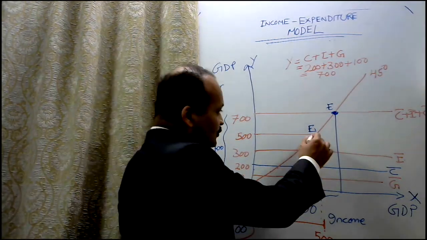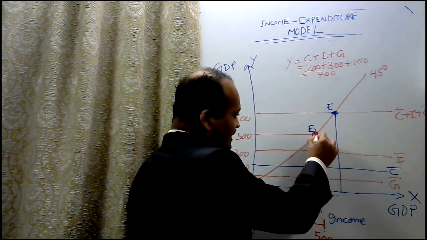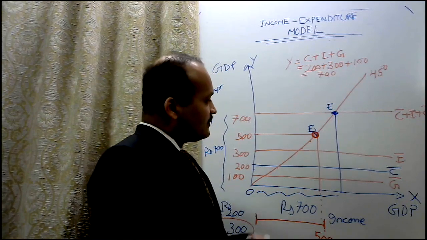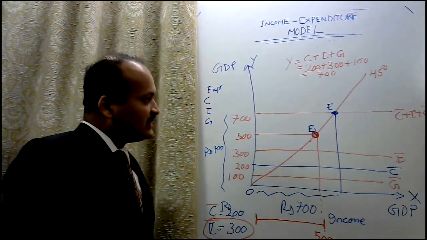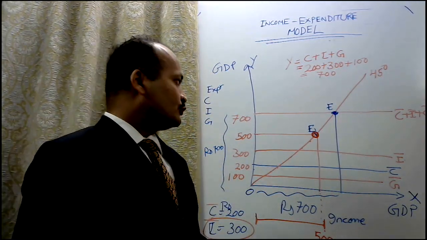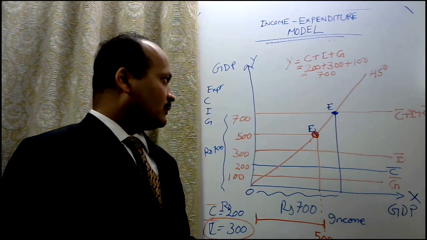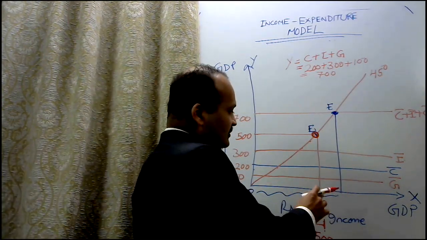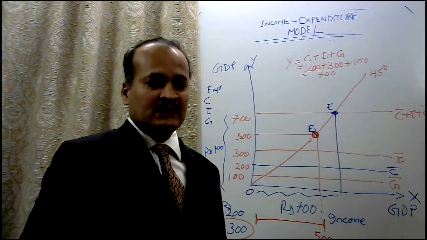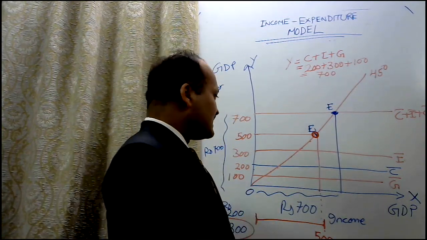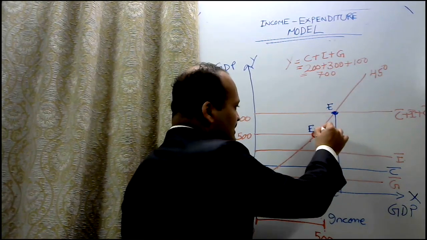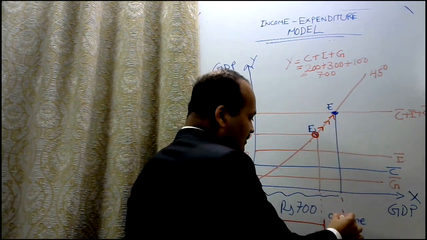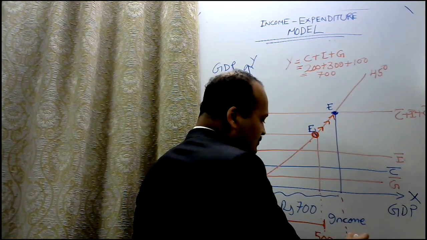So at point E1, the manufacturers are feeling the heat to supply more of their goods, which leads to increased production activity, and the increased production activity generates additional income, and the process continues till you reach the level of 700 rupees of GDP.